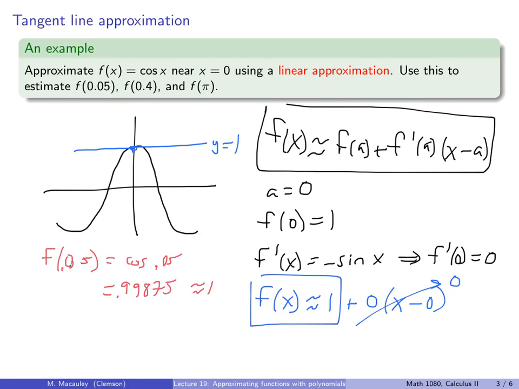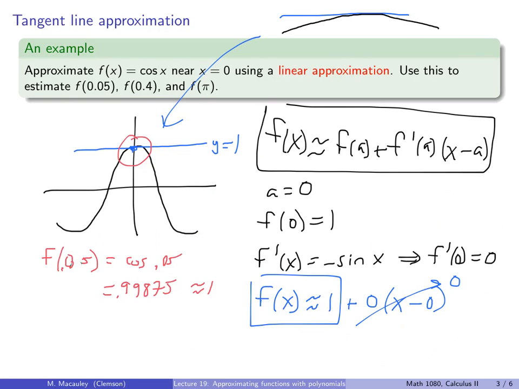So again, it's hard to actually draw this to scale, but if I were to take this and blow it up, you would see the tangent line approximation being like that, and you would see that the function is like this.